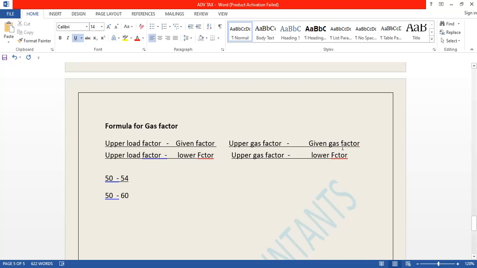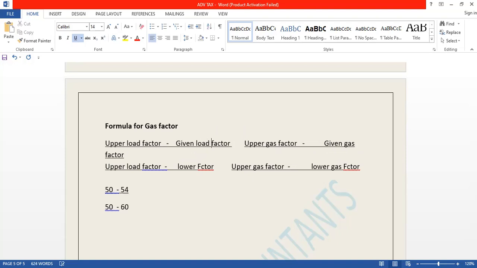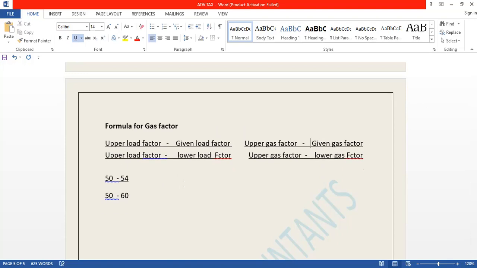And this is gas, this is also gas as well, while this one will be for load, given load factor. And this will also be lower load factor. Okay, so I think we are fine now. Let me close this and this also. Okay, fine. So I think we are good to go now with this.